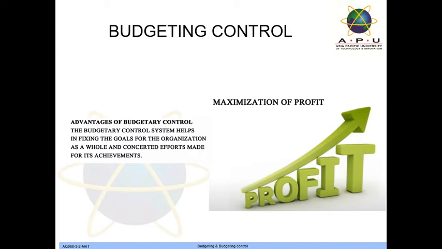Some of the advantages of budgetary control, if you can see here, is the maximization of profit of the enterprise. To achieve this aim, the company must have proper planning and coordination of different functions that can be undertaken.